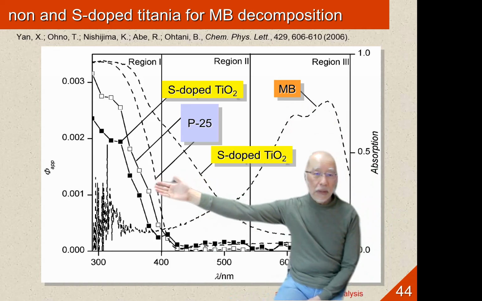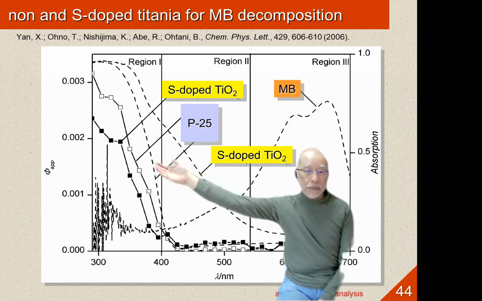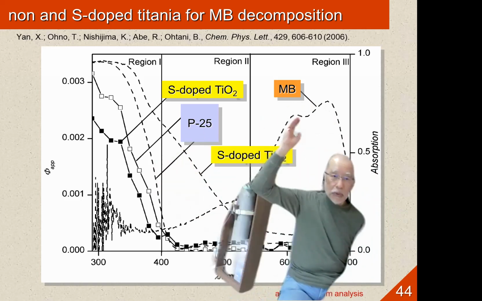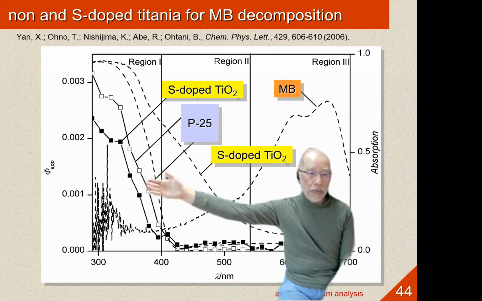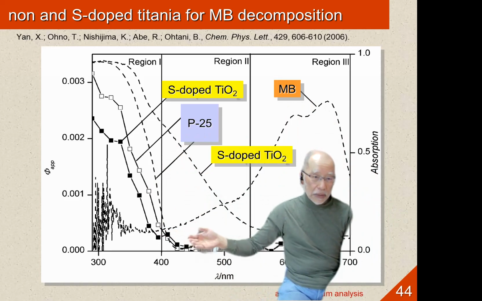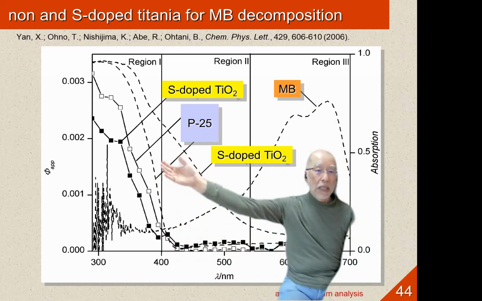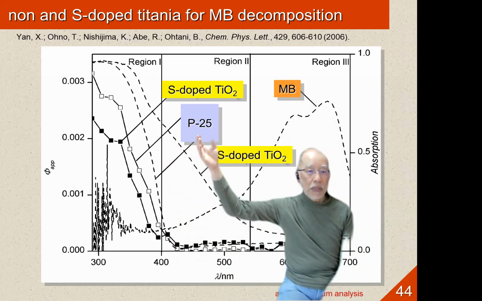This white open square is the action spectrum of P25. So the absorption of methylene blue in suspension is decreased. And here, nothing. So that means only UV light is absorbed by P25.